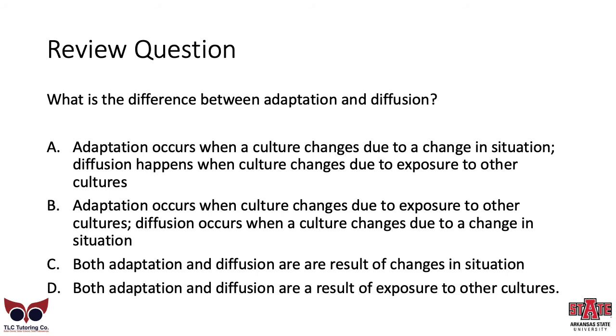B. Adaptation occurs when cultures change due to exposure to other cultures, and diffusion occurs when a culture changes due to a change in situation. C. Both adaptation and diffusion are a result of changes in situation. Or D. Both adaptation and diffusion are a result of exposure to other cultures.